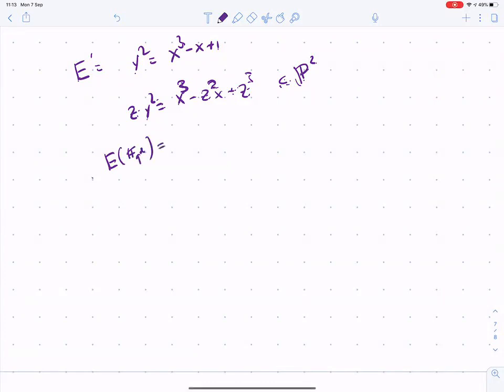So E of F_q^d is just one point at infinity. Maybe I shouldn't call it the point at infinity. It's the point (0, 1, 0) that you can see solves this equation. Disjoint union E prime of F_q^d. This is something you can easily verify.